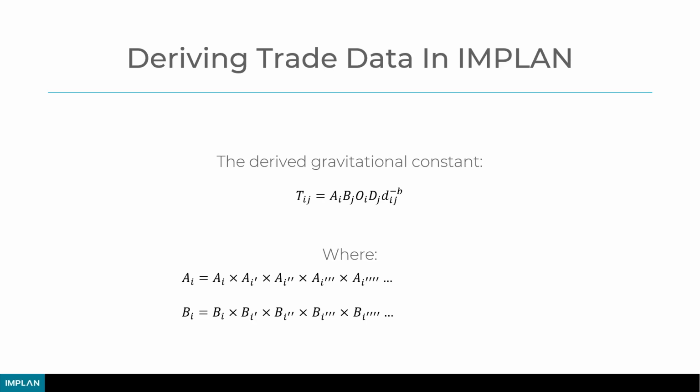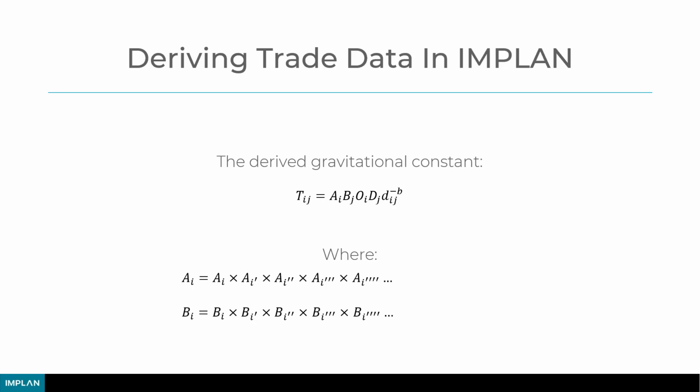We've got O sub I, which is the total commodity produced in region I, D sub J, the total demand in region J, and then the distance between those two locations. So the A and B is using that gravitational constant to constrain and to build out the amount of trade flowing between those regions given a distance.